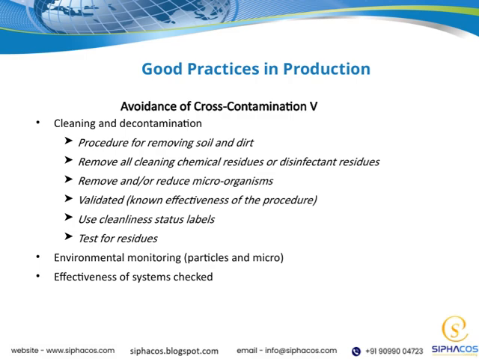We also verify the effectiveness of our systems regularly to maintain high standards. All of these steps are part of good practices in production, practices that ensure safety, quality, and consistency throughout our processes. By following these key points, we minimize the risk of cross-contamination and uphold the integrity of our products.